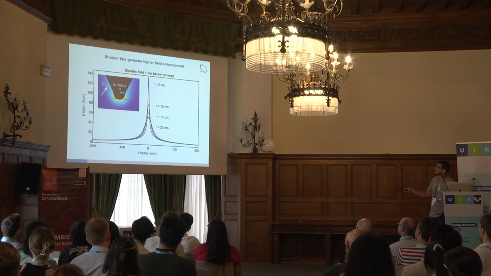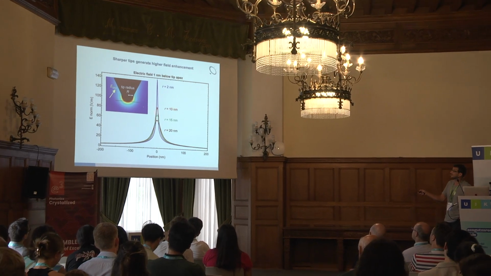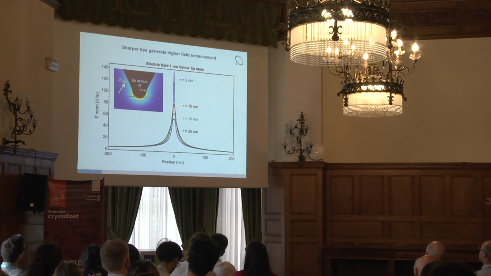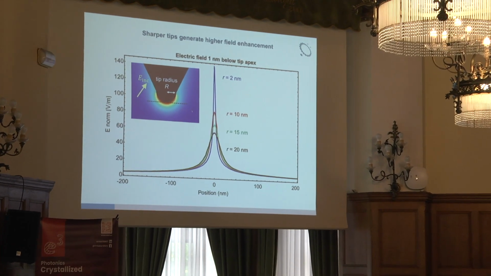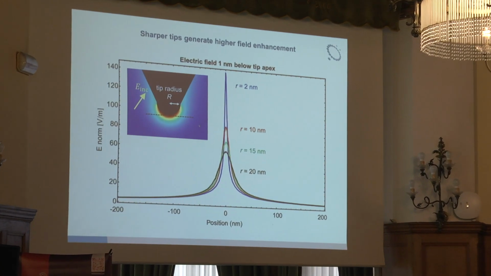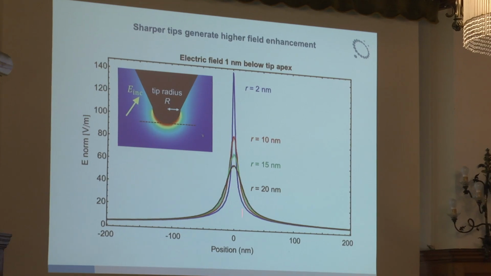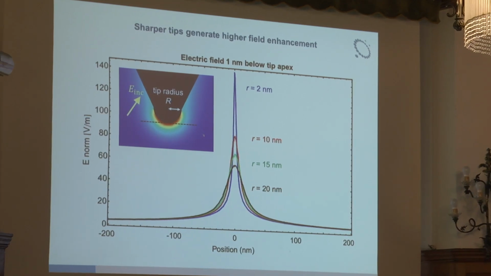And what you see here is that the sharper the tip, the more field enhancement you get here, right? So this is not normalized, this is just volt per meter. I don't know how much the field enhancement is here in terms of field relative to the incident field, but it clearly shoots up. This is what is expected. Sharper tips are better.